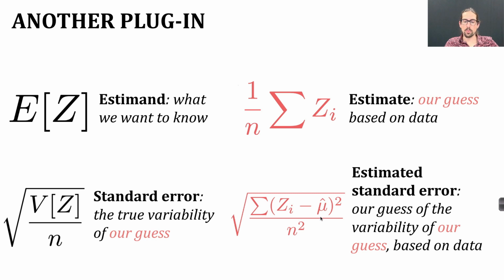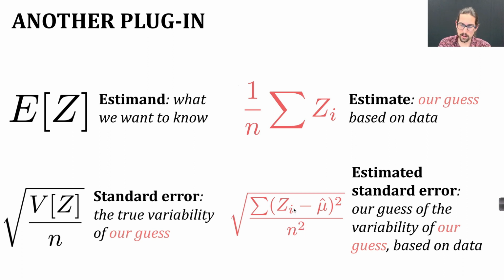And so here we're going to use a plugin again. Instead of the population variance, we just use the sample variance as a guess for what that is. And when you do that, you could write this as 1 over n times this thing over n, but I just put the 1 over n and the other n as n squared. So it's the same thing.